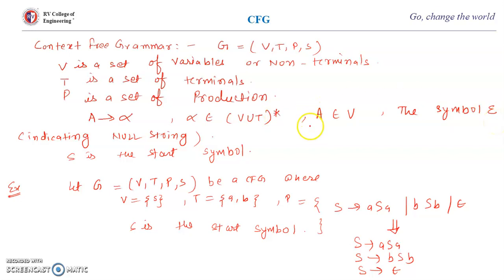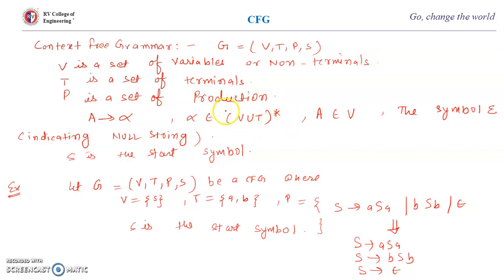So when I say the right hand side of the production is alpha and alpha belongs to (V union T)star, that implies that the right hand side of the production contains a string, and that string can contain any number of terminals as well as non-terminals, including the null string, because here it is non-terminal union terminal.